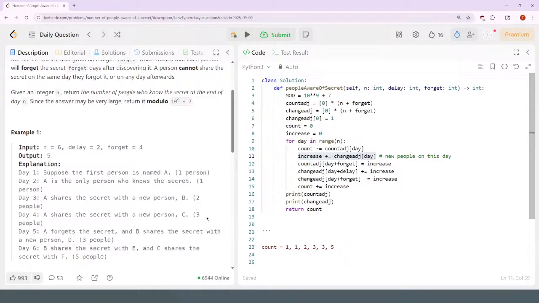That first person, if there is, let's say, delay is 2 and forget is 400, then every day between 2 and 400 should have one more person that learns the secret.